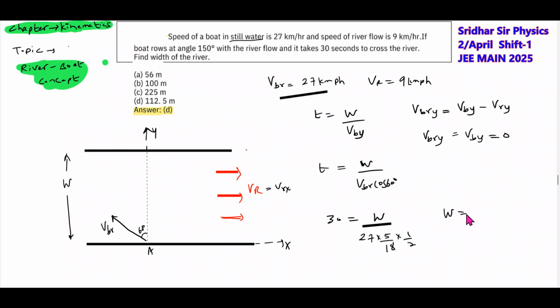With this, the width of the river will be 30 into 27, 5 by 18, into 1 by 2. A little bit of calculation is there, so you have to be careful. This will be 15, this will be 6, this will be 9, 2, this will be 3.